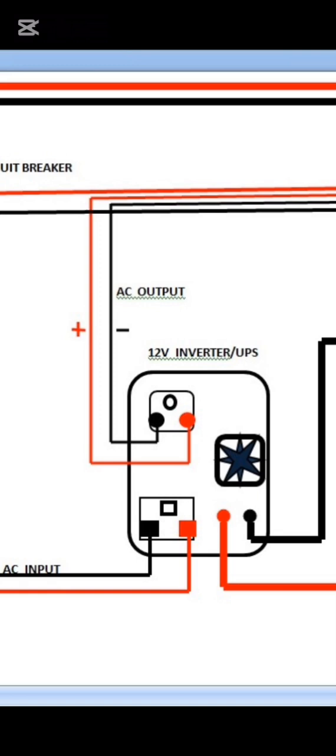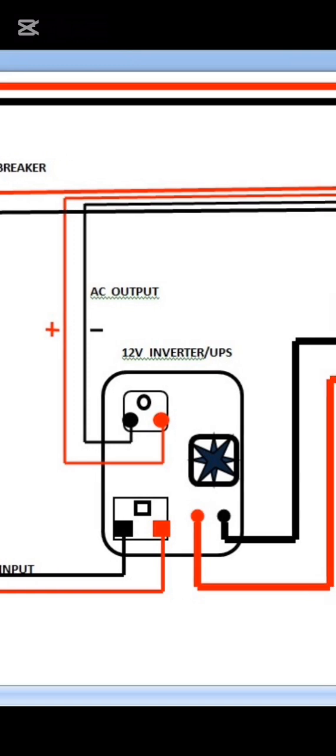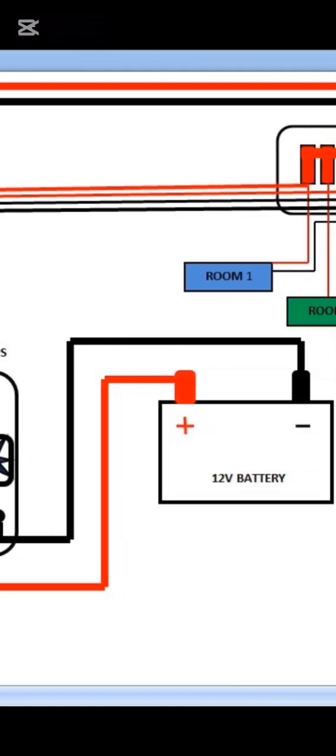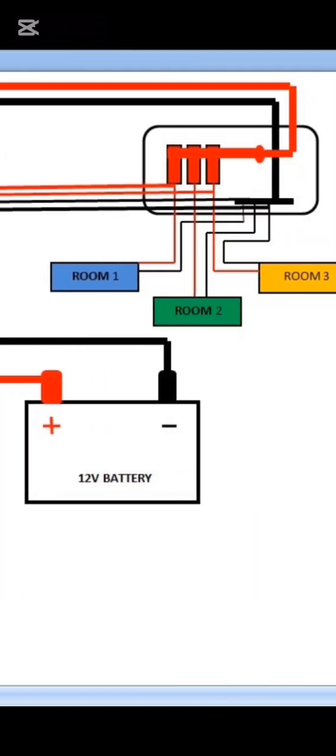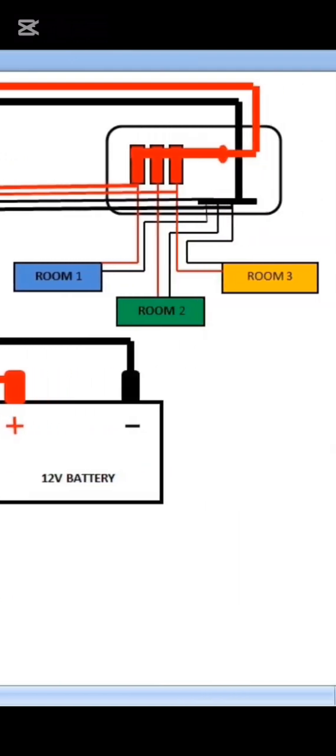Then the AC output of the inverter, that is the one that supplies the AC current to room 2 and room 3. Because the AC output of the inverter is only connected to room 2 and room 3, as you can see in the diagram.